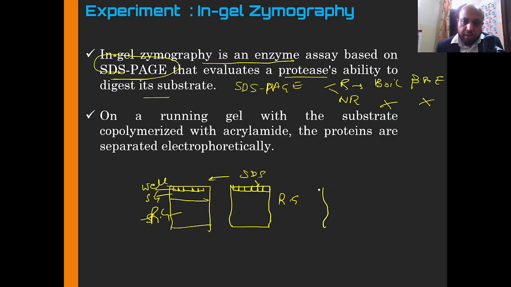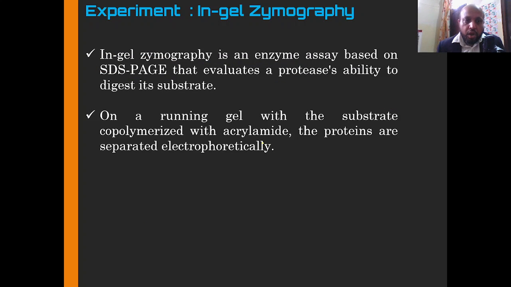The other variation one can do here is related to native PAGE as well. Means you need not use any SDS. So that can also be done for in-gel zymography. So let me rub this. Here you run a gel with a substrate copolymerized with acrylamide.